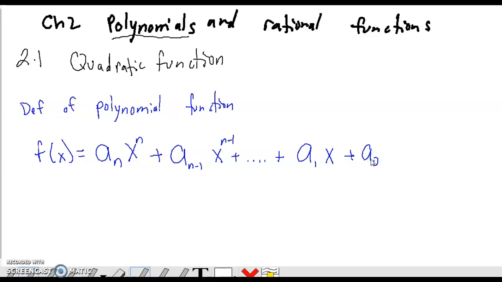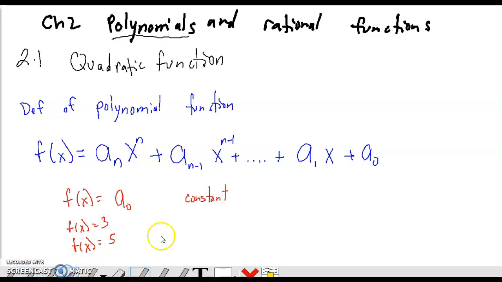Okay, and so basically a polynomial is defined by the highest degree. If we just have our constant term, f of x is equal to just a sub 0, this is known as a constant. Examples would be f of x is equal to 3, f of x is equal to 5.